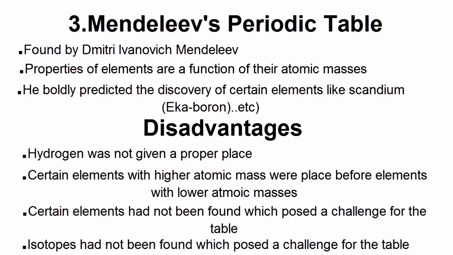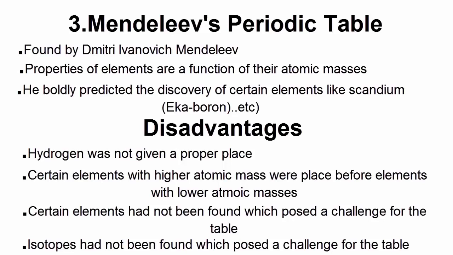Again, during his time, not many elements were known, but elements that are known now were not known then. Then elements such as cobalt and nickel, cobalt's atomic mass is slightly greater than that of nickel, yet it is placed before it.